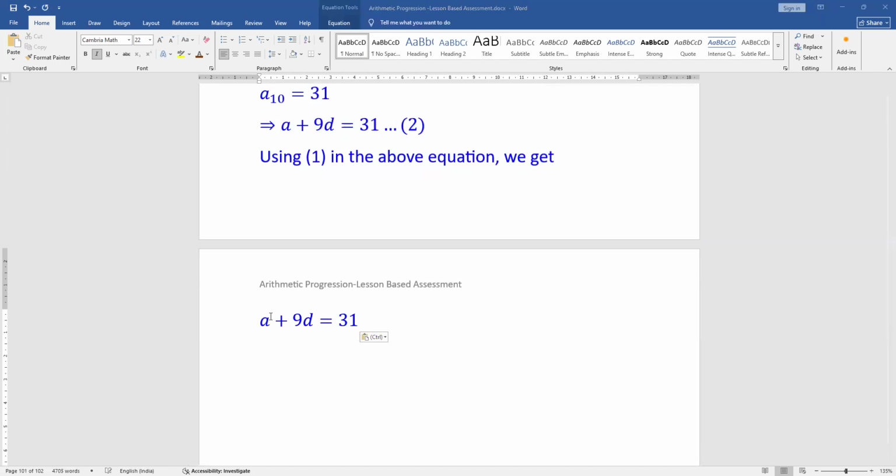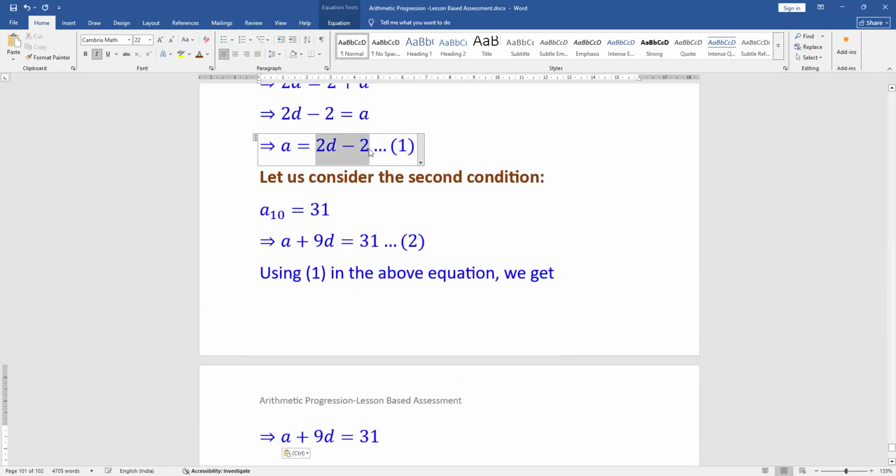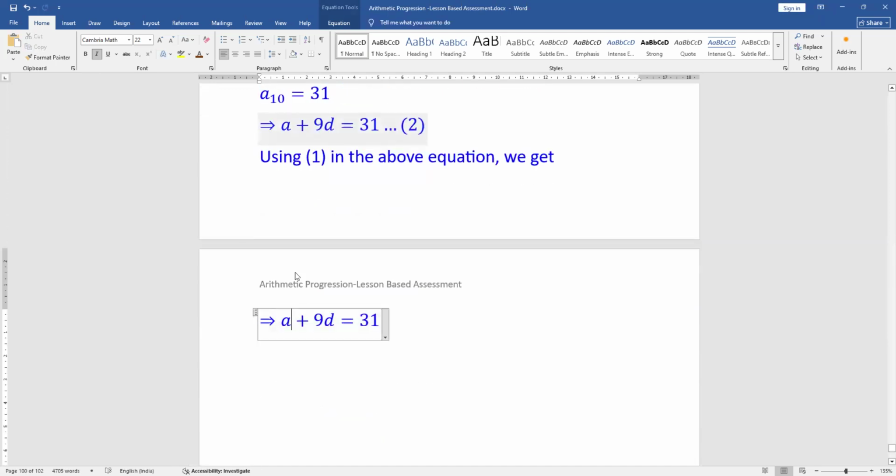Okay. Now, where A is there, you just replace it with 2D minus 2. Now, in my next step, I combine 2D and 9D, which will become 11D.